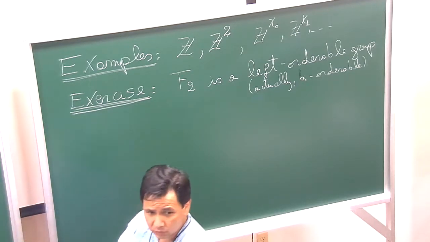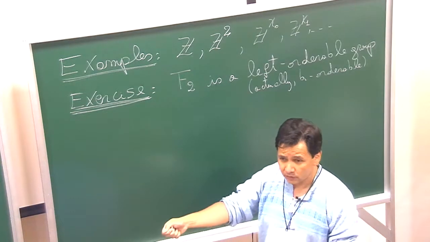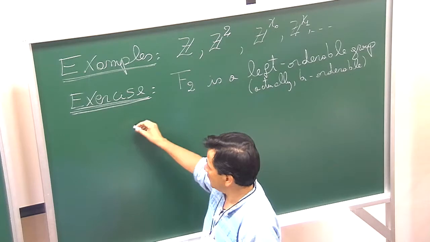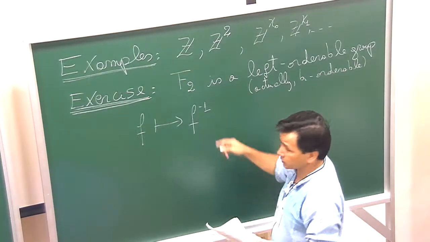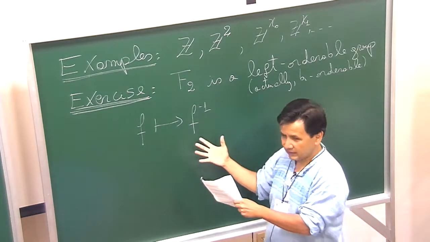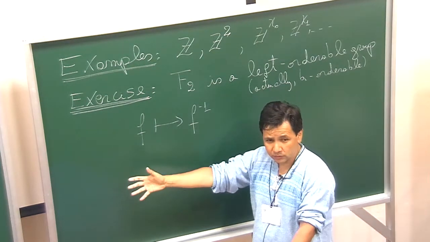By the way, in general, I will consider orders on only one side, and I will consider the left invariance. It is equivalent to consider right invariant orders, because when you pass from the element to the inverse, you transform left orders into right orders.